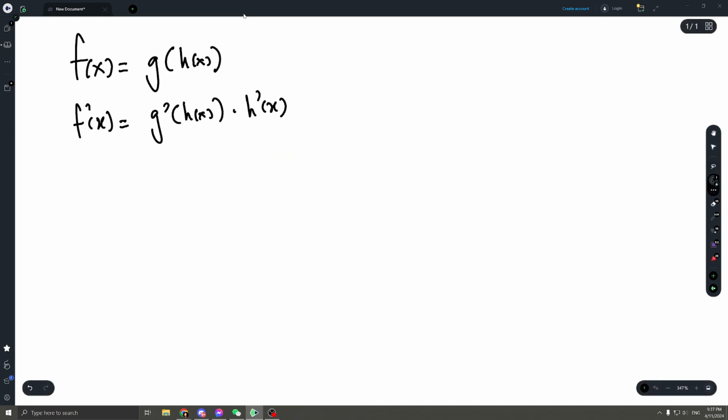There is another way, and that's basically using the dy/dx notation. So we know dy/dx is equal to dy/du times du/dx, where u is generally something that's inside your equation, the inner function. So usually this thing would be the u.